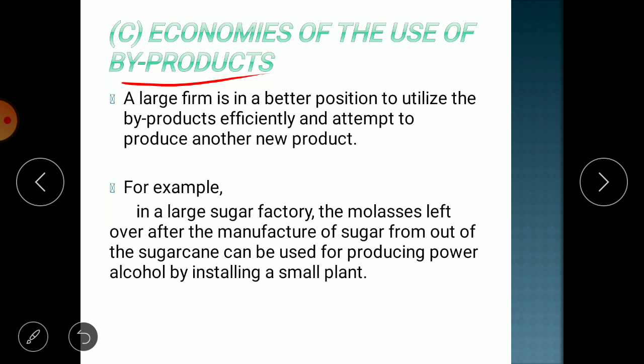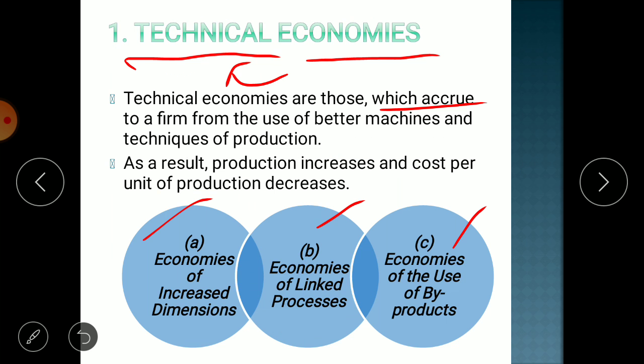Means from the molasses they will produce paper and alcohol. So with one raw material only they have three different businesses: one is sugar, second is alcohol, and third is paper. Getting it? This is all about the technical economies.